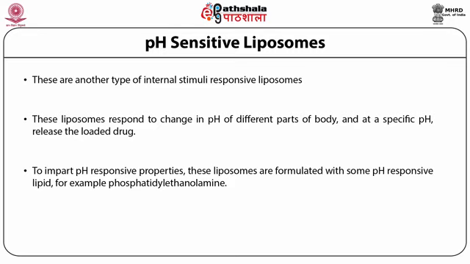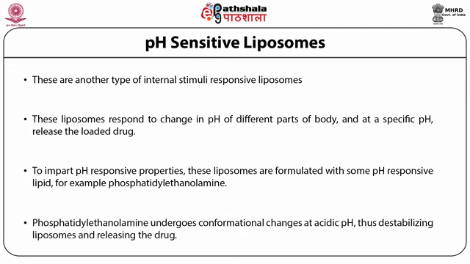This leads to destabilization of the liposomal structure and thus the drug gets released into the surrounding tissue. Phosphatidyl ethanolamine is an example of a pH-sensitive lipid. Phosphatidyl ethanolamine exhibits a change in conformation at acidic pH.